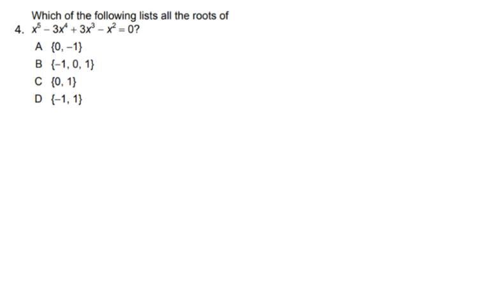Okay. Which of the following lists all the roots of x to the 5th power minus 3x to the 4th power plus 3x to the 3rd power minus x squared equals 0? In this case, you have a common factor of x squared in each term.